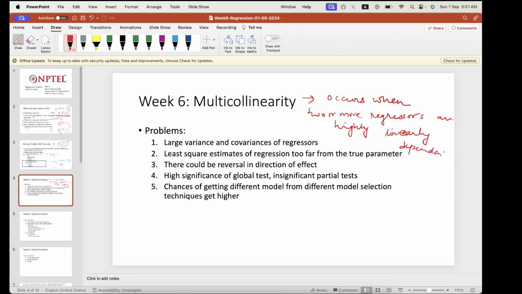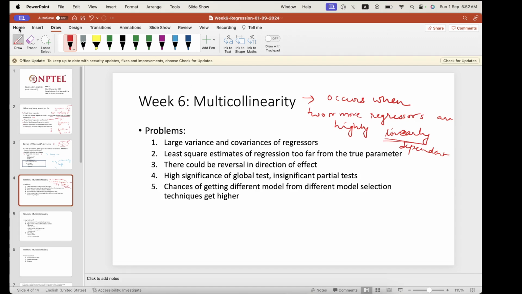So this linear dependency is something that we have to keep in mind. So what is the problem? Why do we try to address this? Even if multicollinearity exists, why is there a need to tackle this?